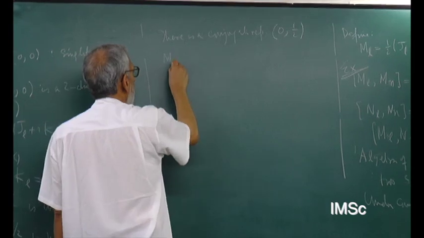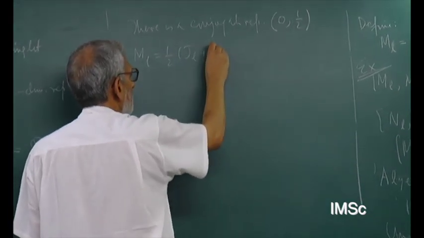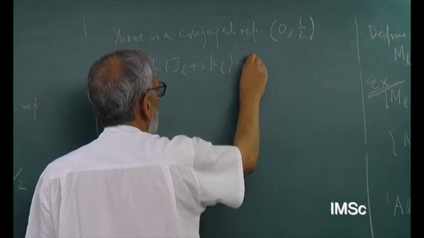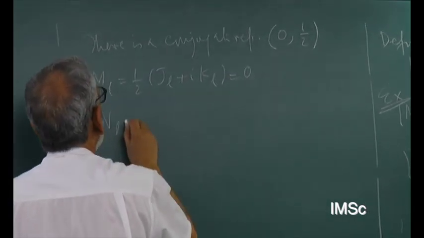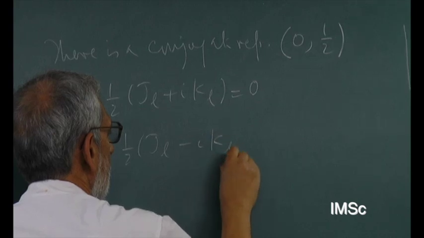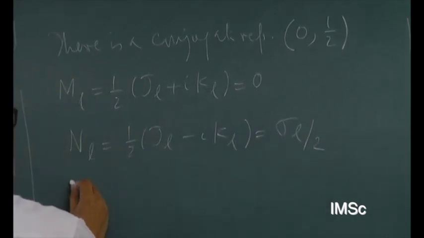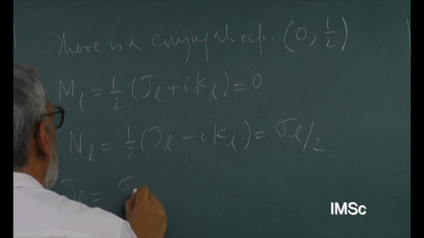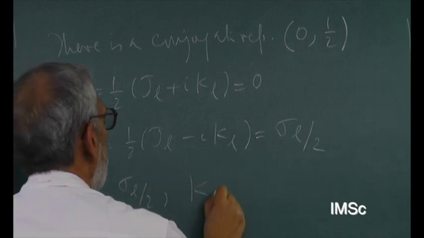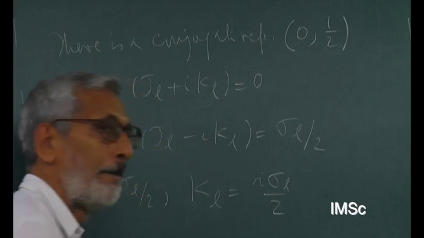Generators here are ML, half of JL plus iKL, equal to 0, and NL, half of JL minus KL, equal to sigma L by 2. That tells me JL is sigma L by 2 and KL is i sigma L by 2.